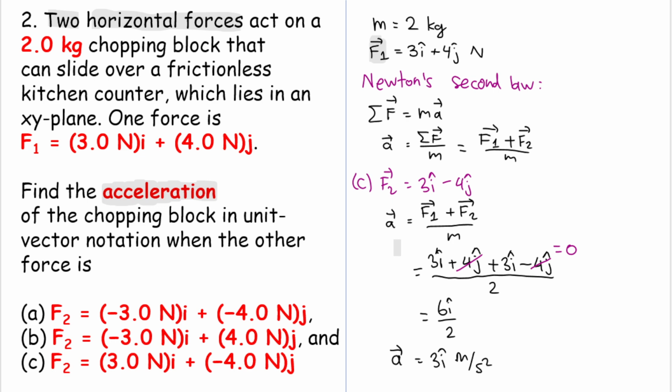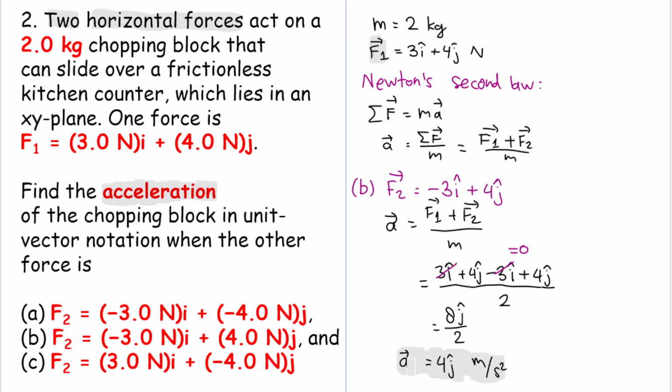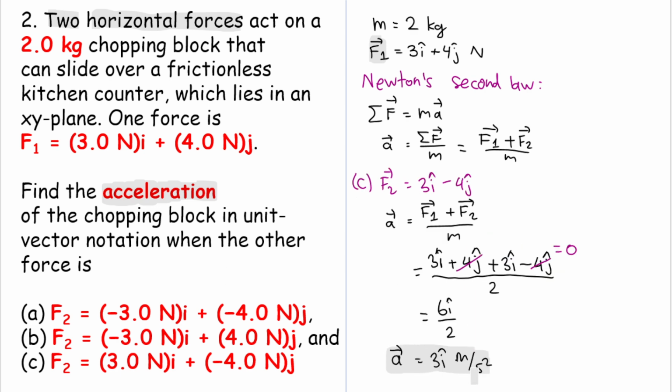So this is our answer for question C. So in conclusion, for question A, we will have 0 meter per square second. For question B, we will have 4J meter per square second. And for question C, we will have 3I meter per square second.